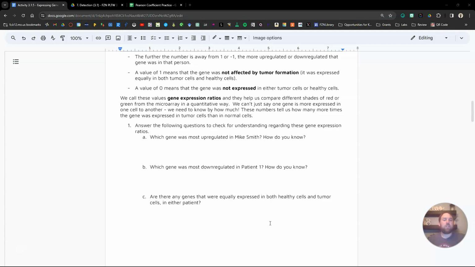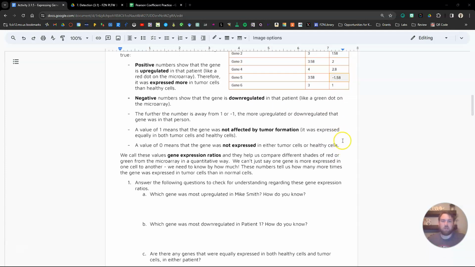Are there any genes that stayed the same whether they were in a healthy cell versus a tumor cell? And that would be when we have a gene expression value of 1 or 0, meaning that there is no change between a healthy cell or a tumor cell. It's either not expressed in both or turned on in both.